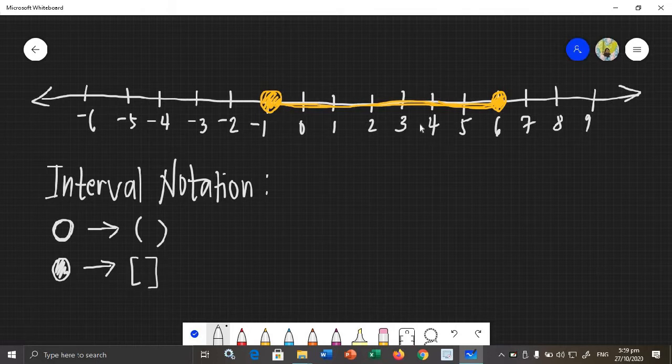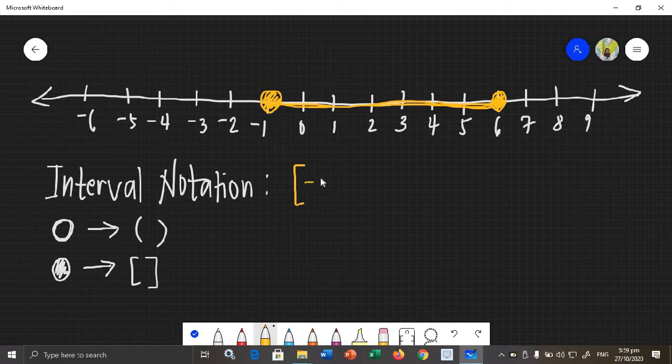In this example, as you can see, the circles are both closed. Meaning when we write the interval notation of this example, I am going to use brackets on both sides when I write the answer. So, -1. The smaller number given always comes first. When we write interval notation, it should start from left to right.